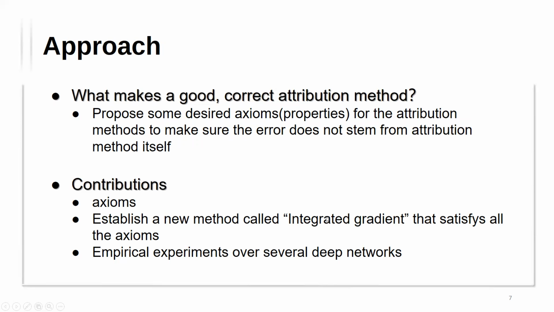So the contribution of this paper is that they propose some axioms that all attribution methods should follow, and they also establish a new method called integrated gradient that satisfies all the axioms. Finally, they run empirical experiments over some deep neural networks to support their method.